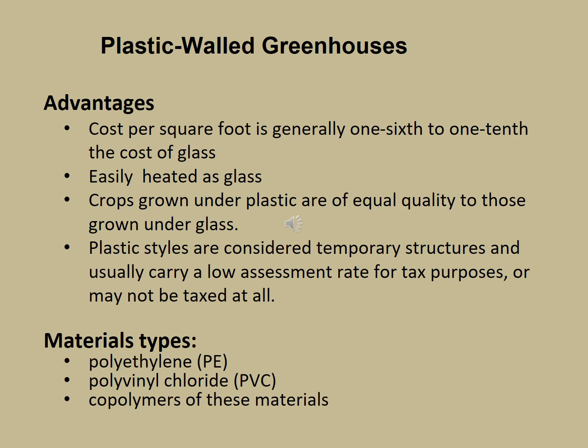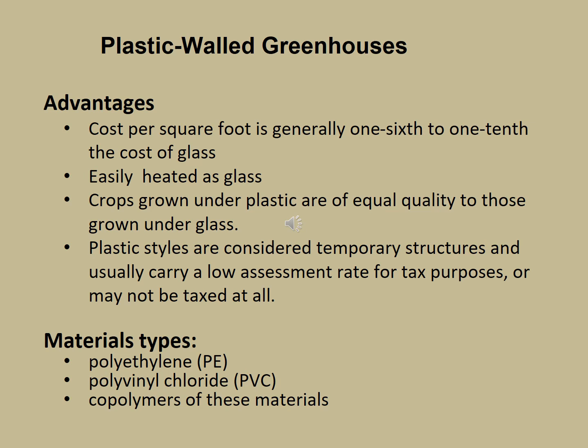Plastic walled greenhouses have advantages and disadvantages as well. Some of the advantages are the cost per square foot is much less than the cost of glass. They're as easily heated as glass greenhouses, the plastic wall is pretty well insulated. Crops can grow well under plastic, almost similar in quality to the crops grown under glass greenhouses.